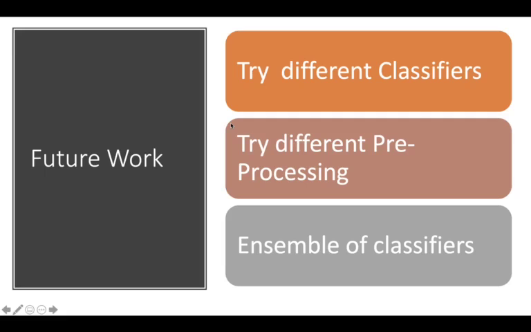We can try different classifiers like random forest and KNN. For that, we need a lot of data. We can also try different pre-processing like n-gram pre-processing, where you take 2 or 3 words at a time to train, and then you take an ensemble of 2 words and 3 words. We can also take an ensemble of classifiers, use 2 or 3 different classifiers and vote to see which one wins.